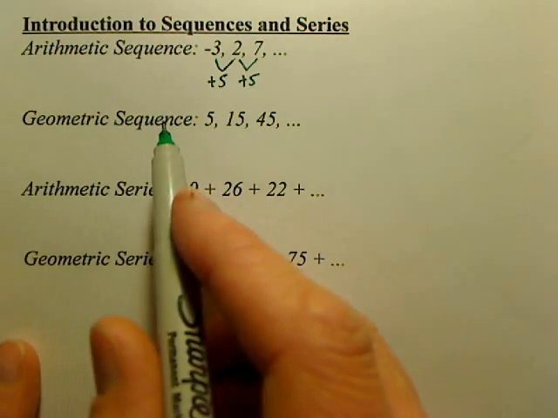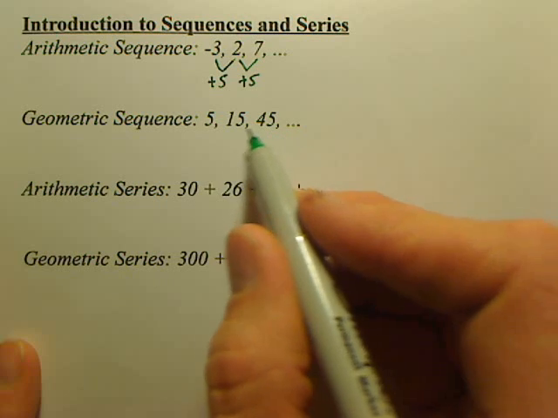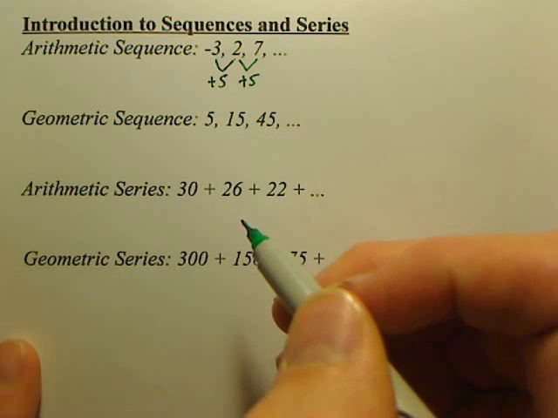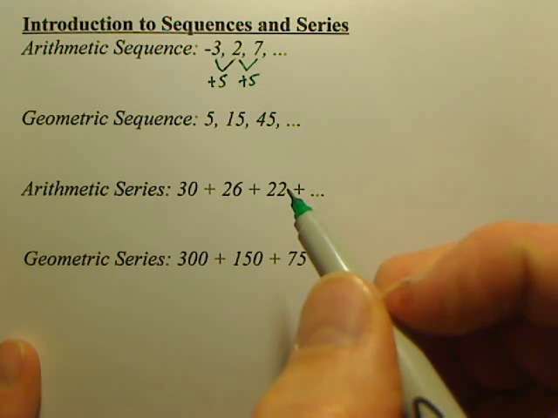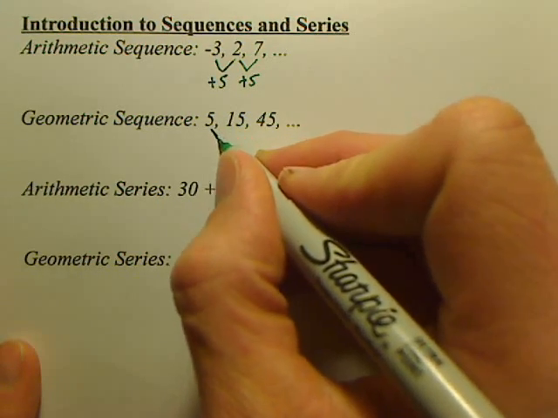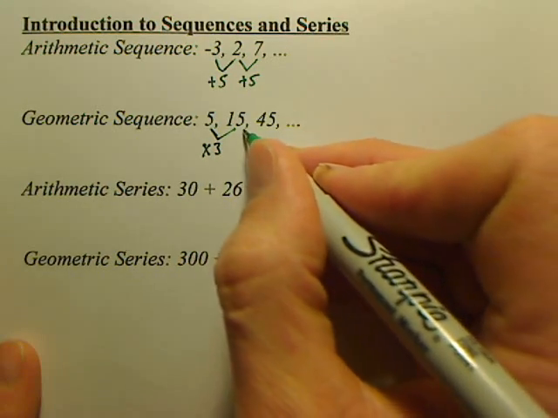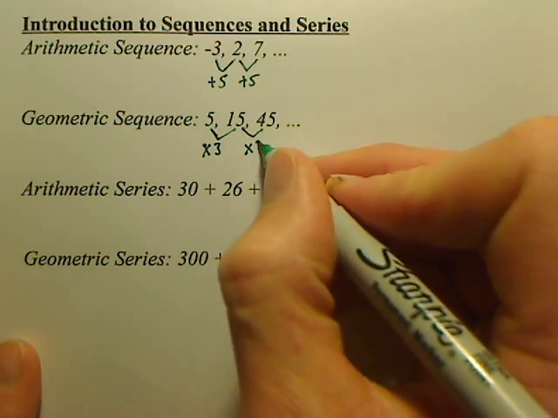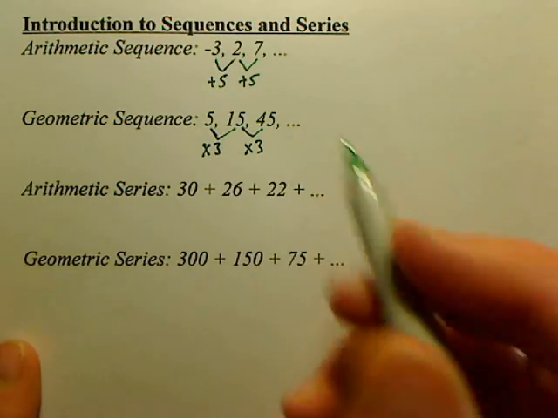What is a geometric sequence? What kind of pattern is that? Well, can you see it here? What are we doing in this pattern? Instead of adding or subtracting something, do you notice between these, hopefully, that you're multiplying by 3? And again, do you see how you're multiplying by 3? Not x3, multiplying by 3 each time.